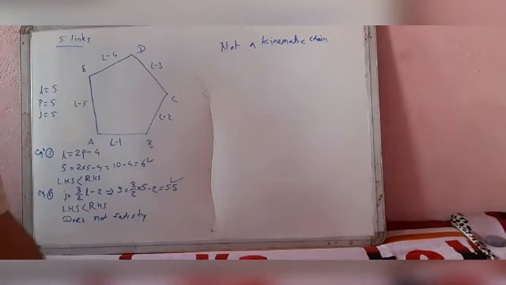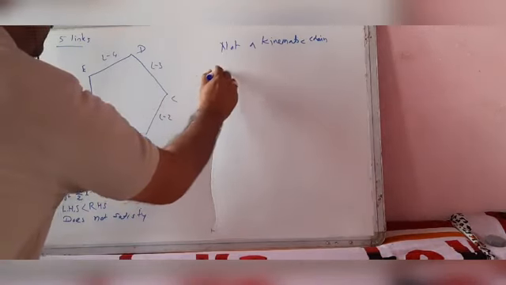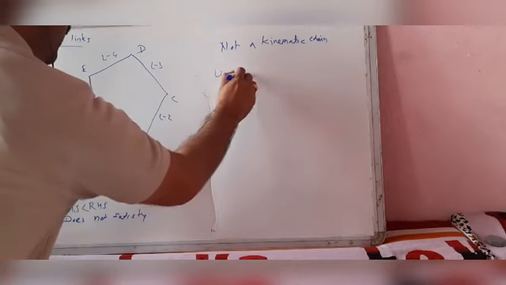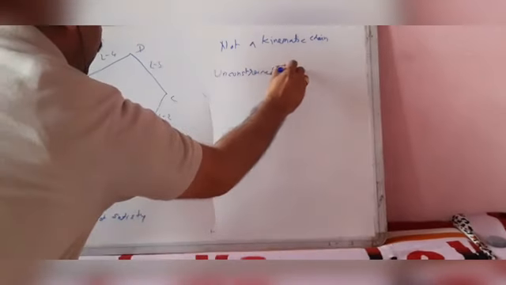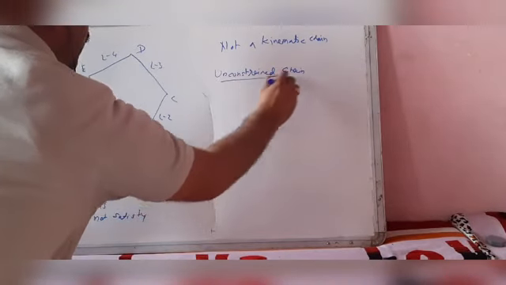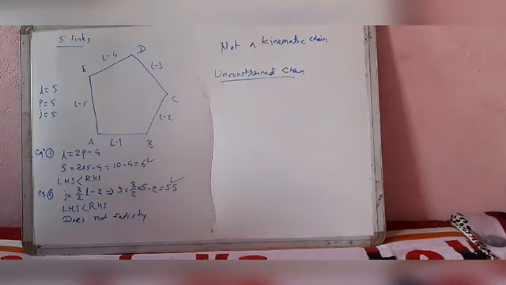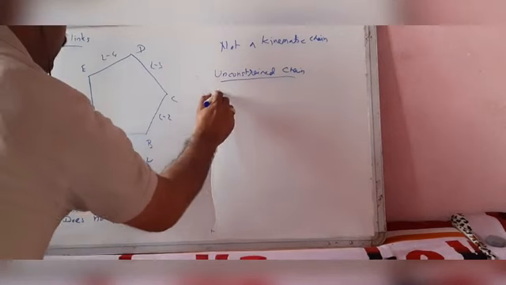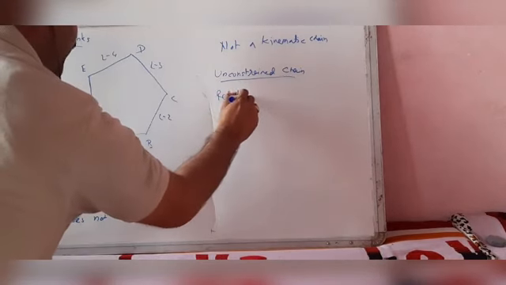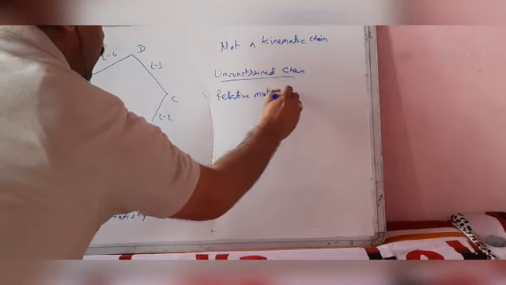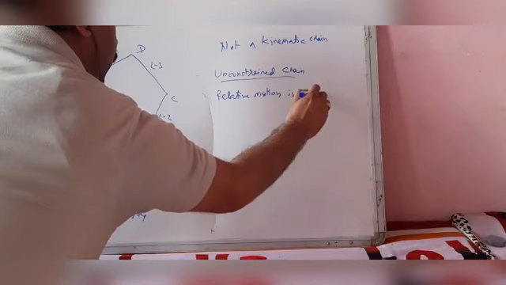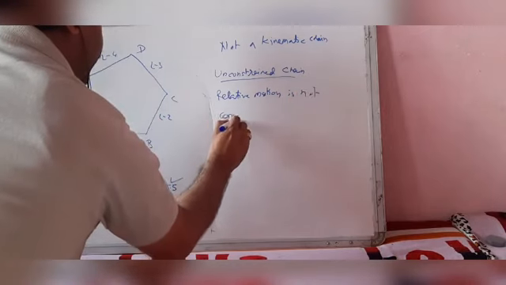Such a type of chain is called an unconstrained chain. That is, relative motion is not completely constrained.